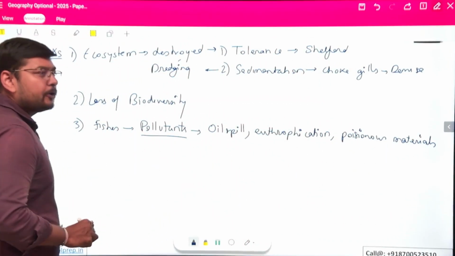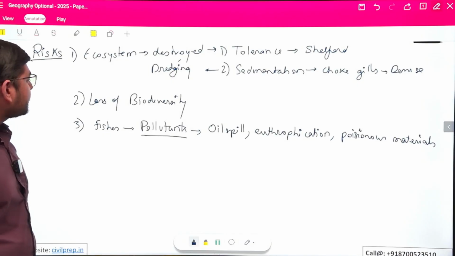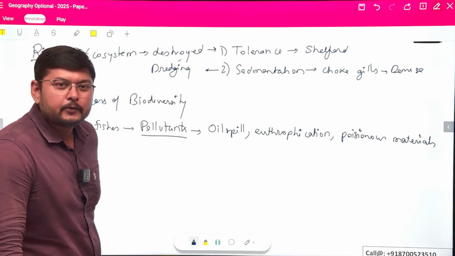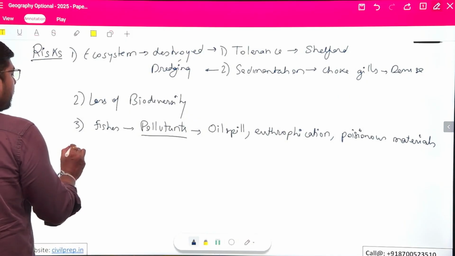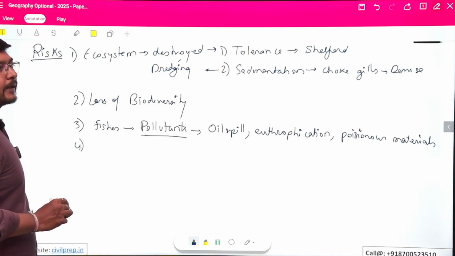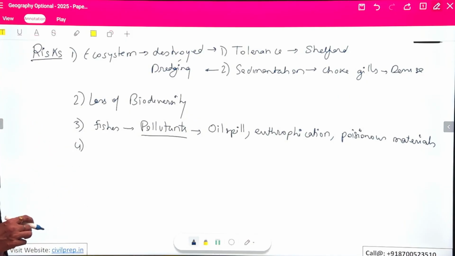So this pollutant will again hamper the biodiversity, and it will result in either their migration or their demise.